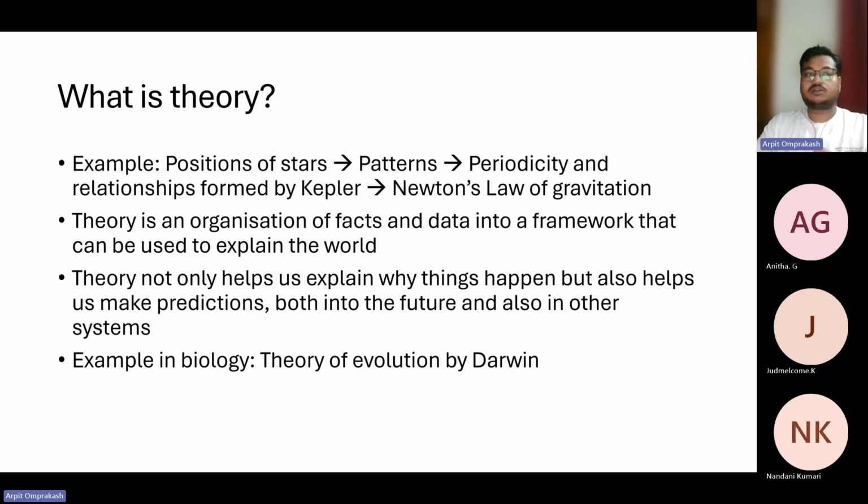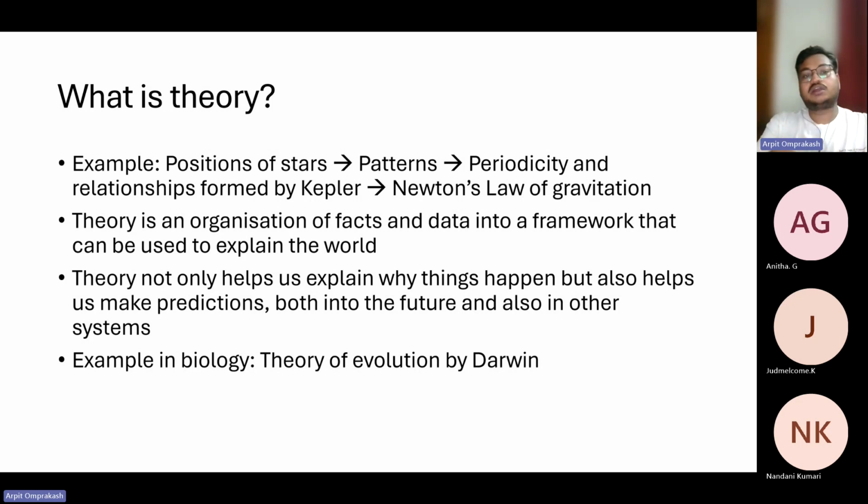So a theory is an organization of facts and data into a framework that can be used to explain the world or a process that is happening in the world. Right. The important thing is that we have observations and data, but theory is not exactly data. Theory is something that binds the data into a framework.